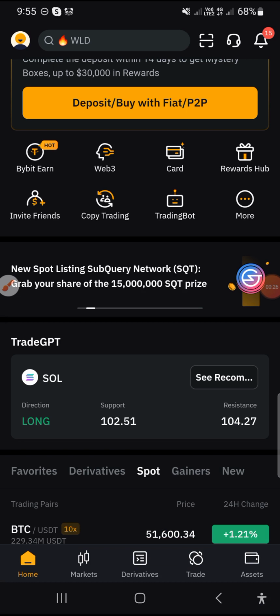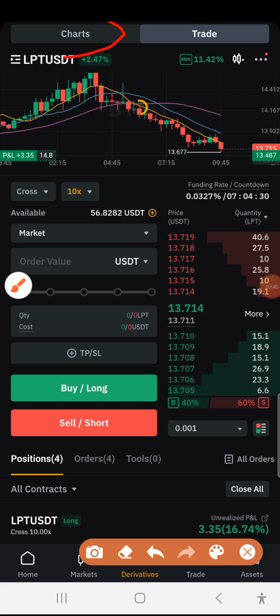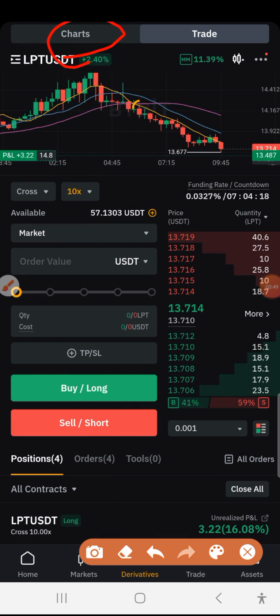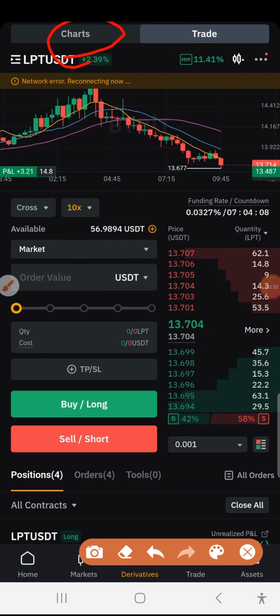Click on derivatives. When you click on derivatives, there are two things you see here. Check the above, you will see the charts. For those who do not understand, a chart is where you study the coin you want to buy, to know if you should buy at that point or not. In my more advanced mastery course, I've already taught the functions of all these candlesticks.